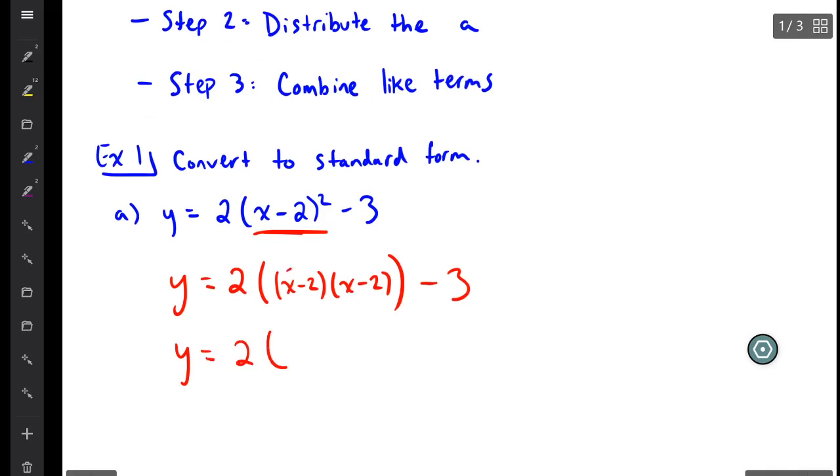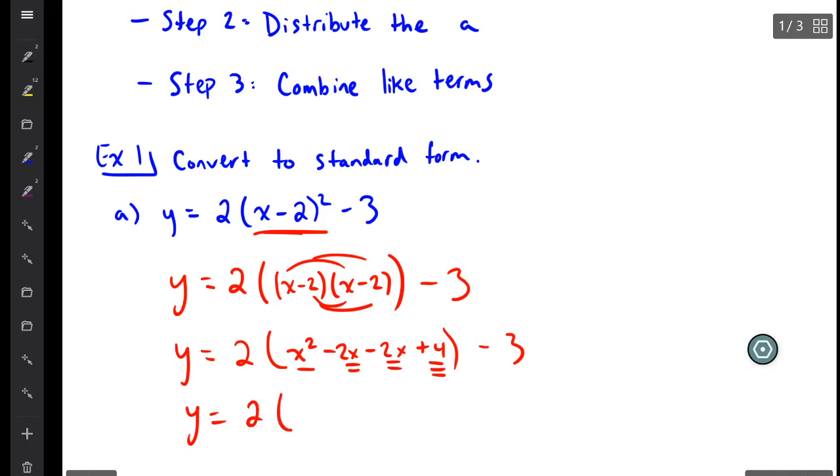So we're going to FOIL this out. X squared minus 2x plus 4. Right, if we're doing PEMDAS, we're going to do everything inside the parentheses first.